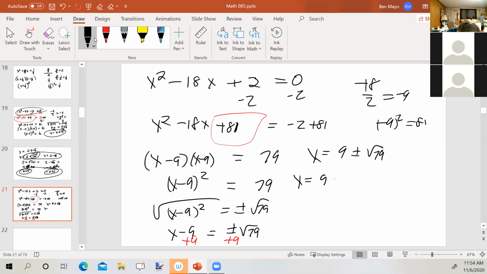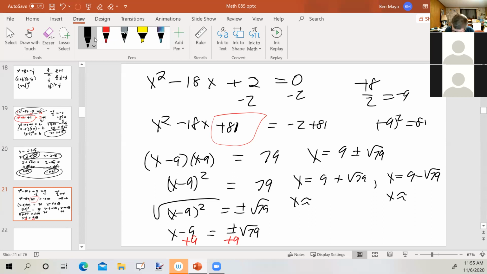So x is going to be 9 plus the square root of 79. x is 9 minus the square root of 79. And again, I'm going to go to the calculator and approximate it to the nearest hundredth. So I've got 9 plus the square root of 79. Oops, wrong number there.